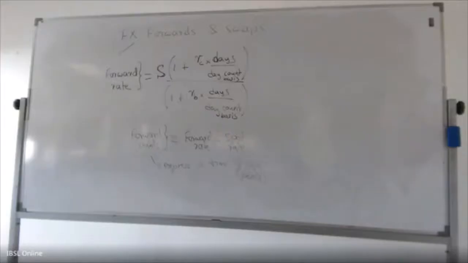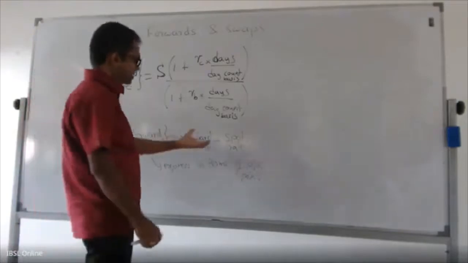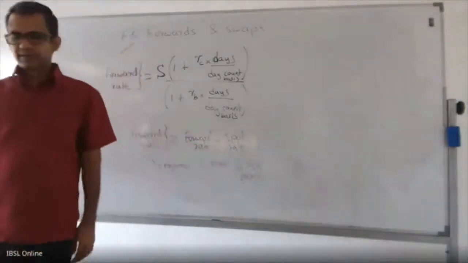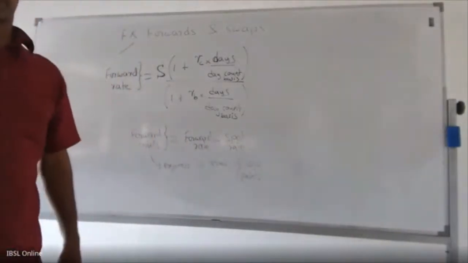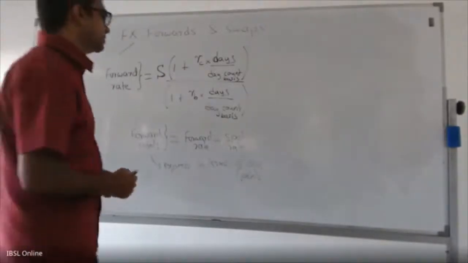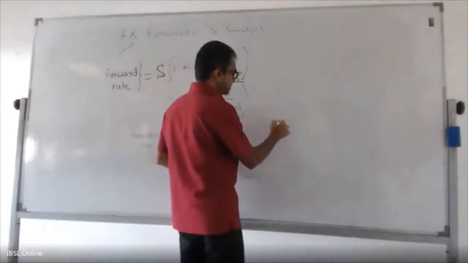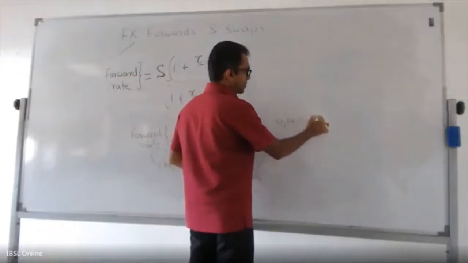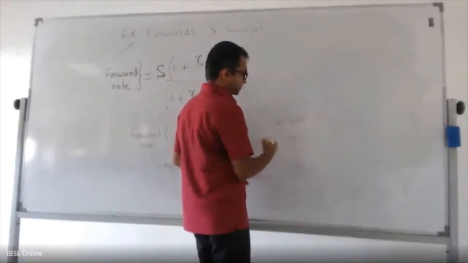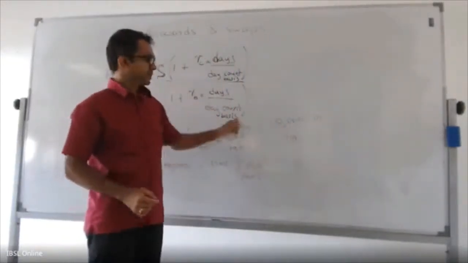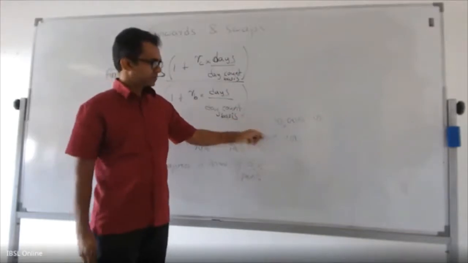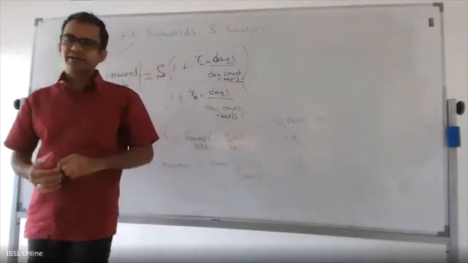Is it multiply or divide? When you want to convert the decimal figure into pips, you multiply it by 10,000 or 100. When do you multiply it by 10,000, and when do you multiply it by 100?